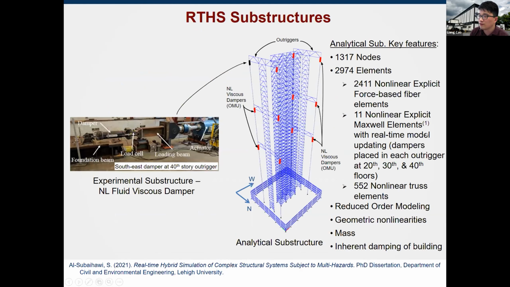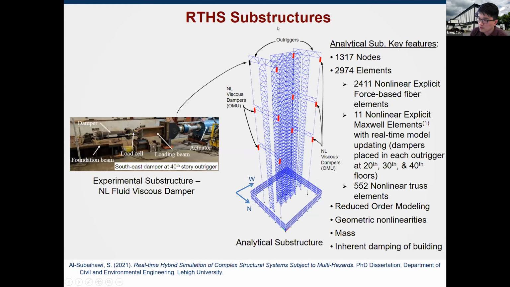Here are some key features of the analytical substructures. We have 1,317 nodes and nearly 3,000 elements, which consist of 2,411 nonlinear force-based fiber elements, 552 nonlinear truss elements, and 11 nonlinear explicit Maxwell elements for the nonlinear viscous dampers.